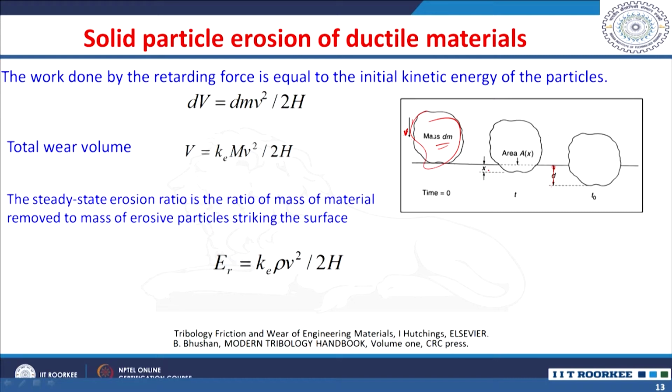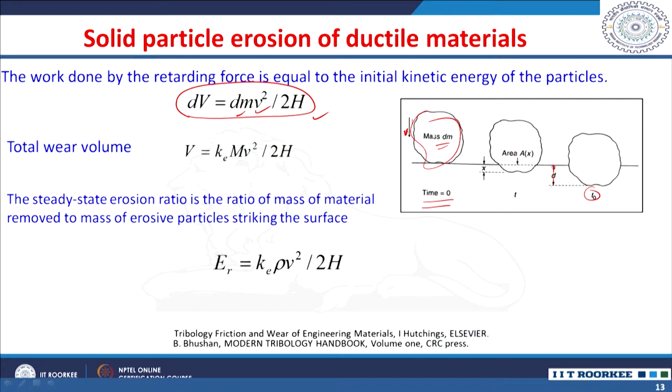The work done by the retarding force is equal to the initial kinetic energy of the particle. So, you can determine the work done by taking the velocity and the mass for the given eroded material's hardness, right. From time t0 to time t there is certain material removed.